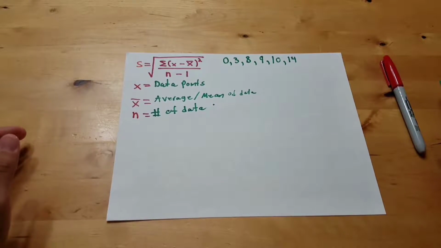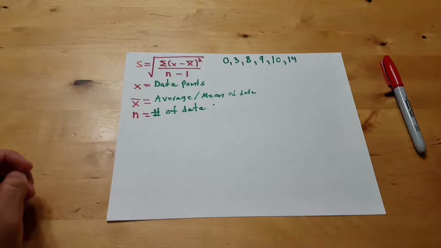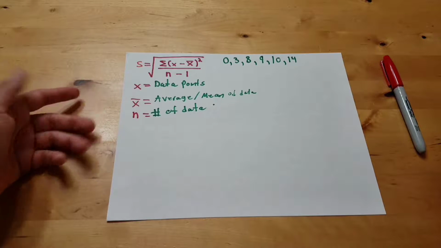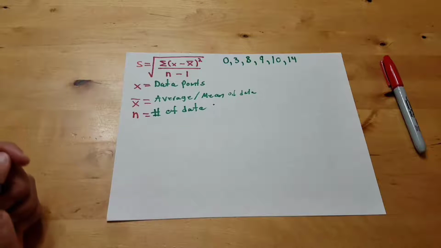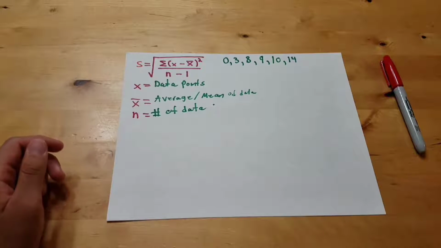So that's the standard deviation equation broken down, and I think if you see it this way, it'll be much easier to understand. So let's actually get into the solving.